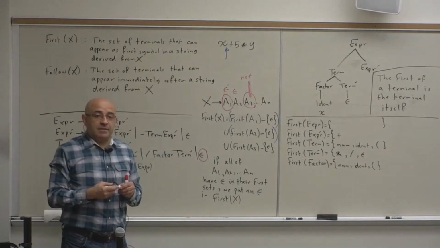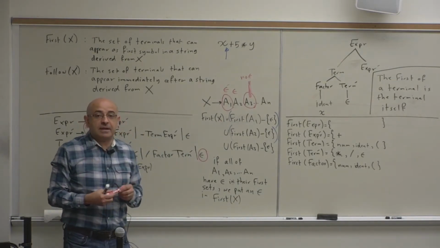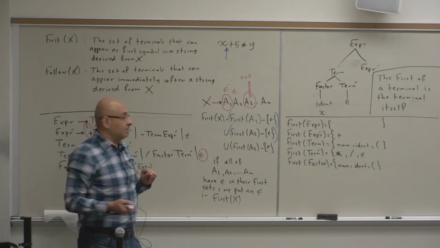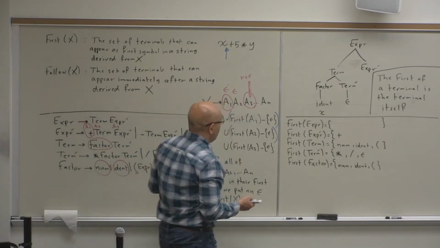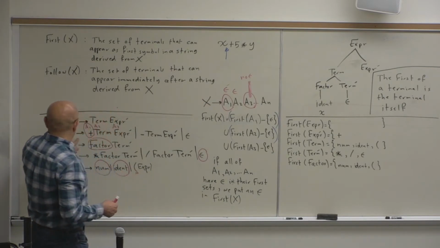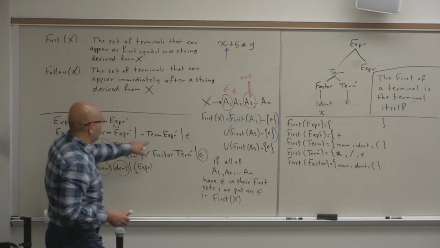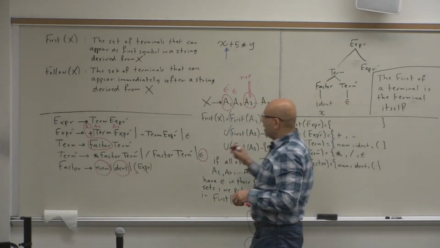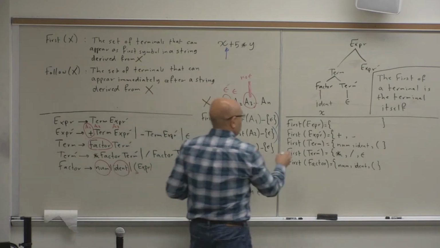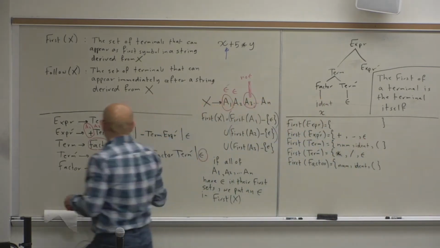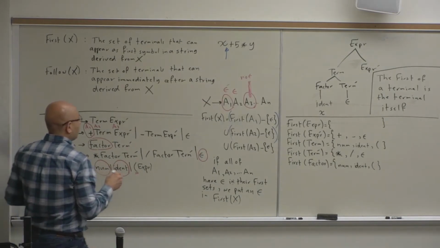So the first set of a terminal is a set that consists of a single element, which is the terminal itself. Okay, and so now for expression prime, I have plus, I have minus, and I have an epsilon. Okay.